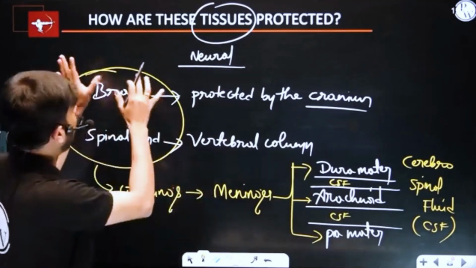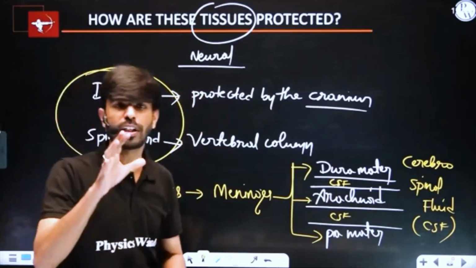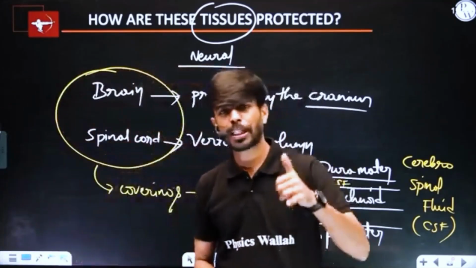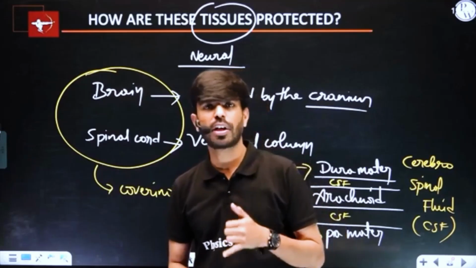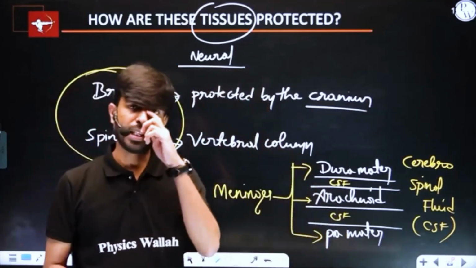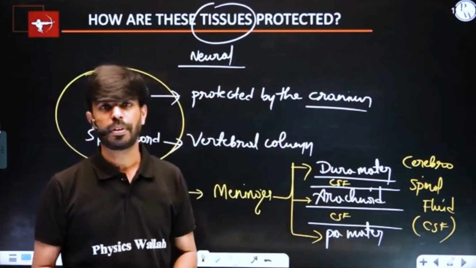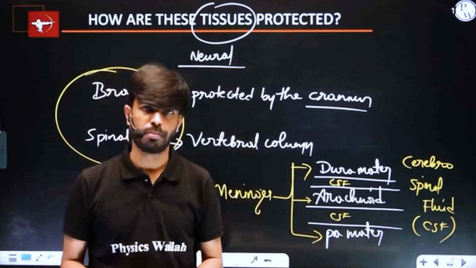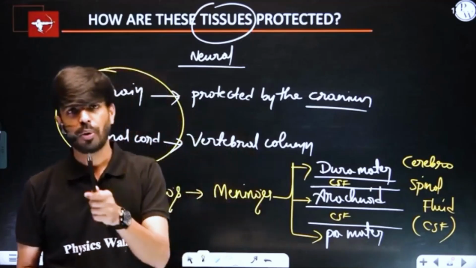How are these tissues protected? How are the nervous tissues protected, both brain and spinal cord? The brain is protected by a bony socket called the cranium. It's very hard. The spinal cord is protected by the vertebral column, which is made up of a number of vertebrae.